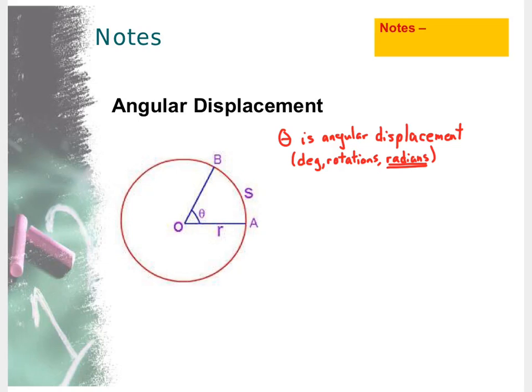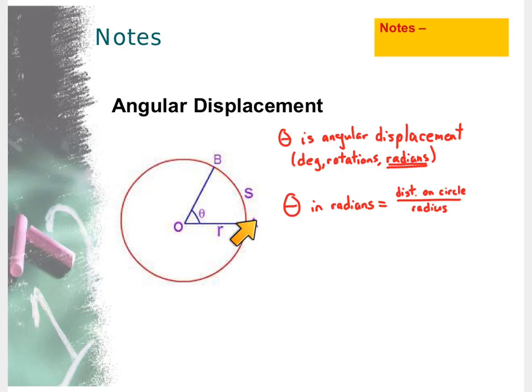So just to remind you how to calculate radians, theta in radians equals your distance on the circle, the circumference of the circle particularly, divided by the circle's radius.